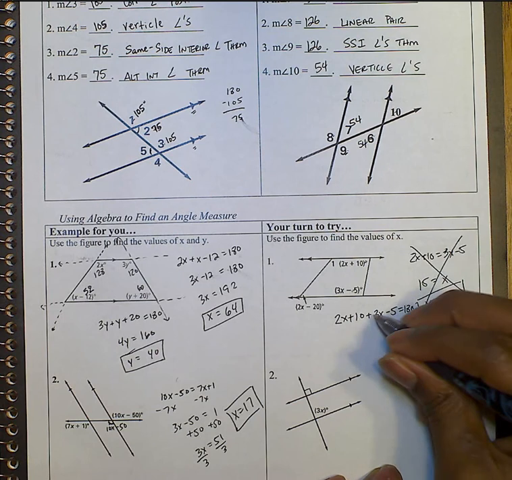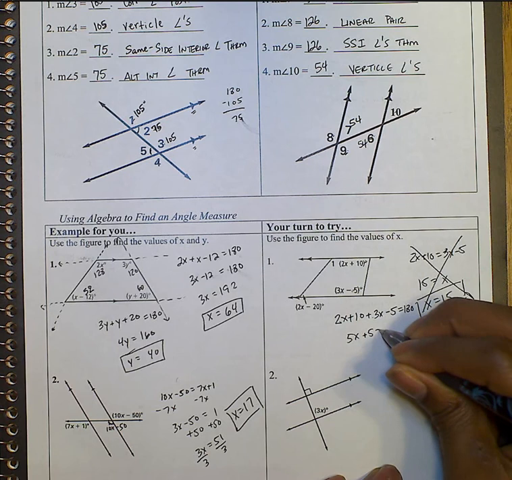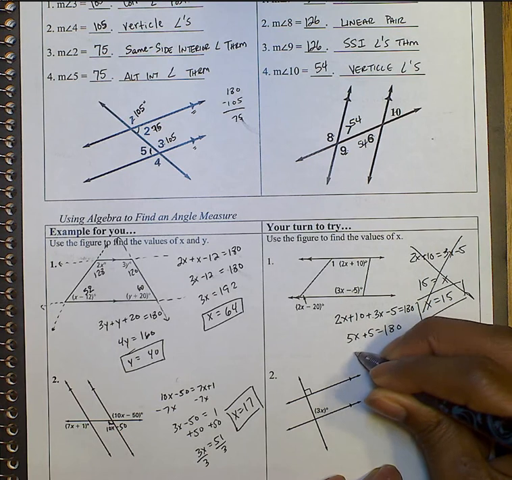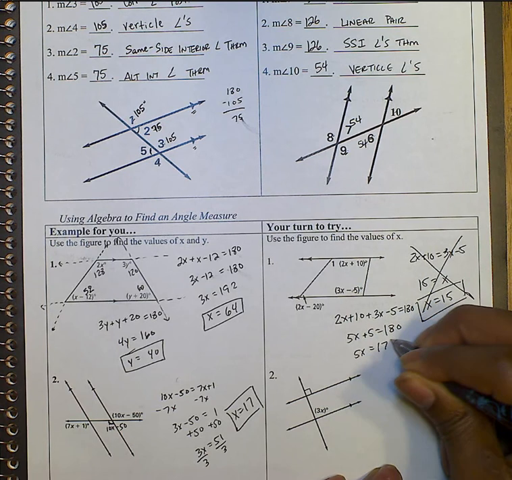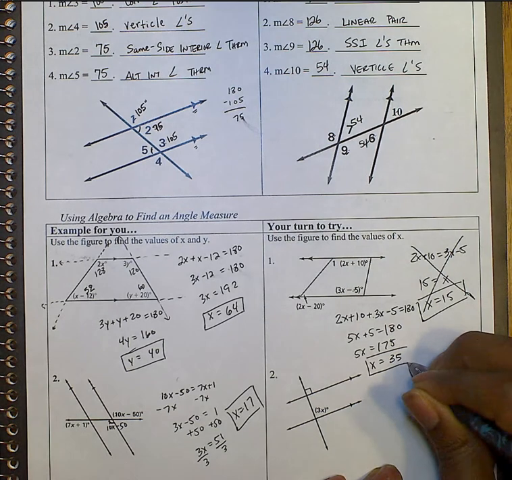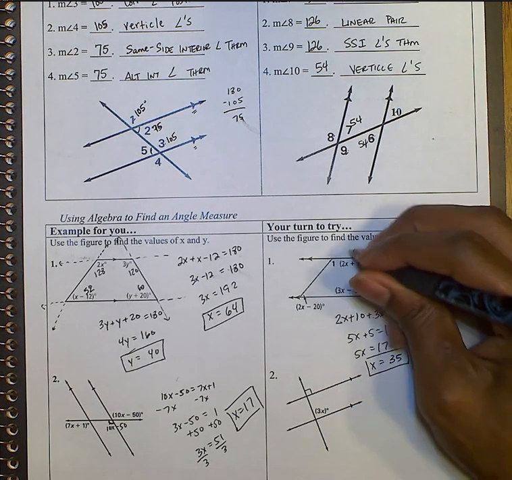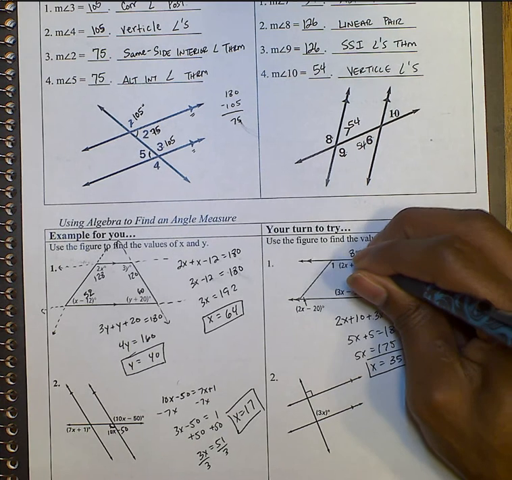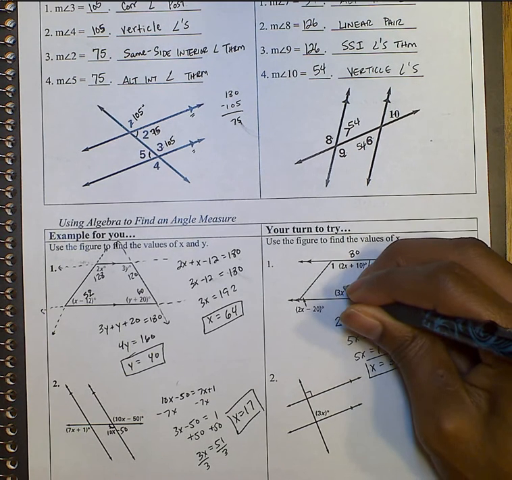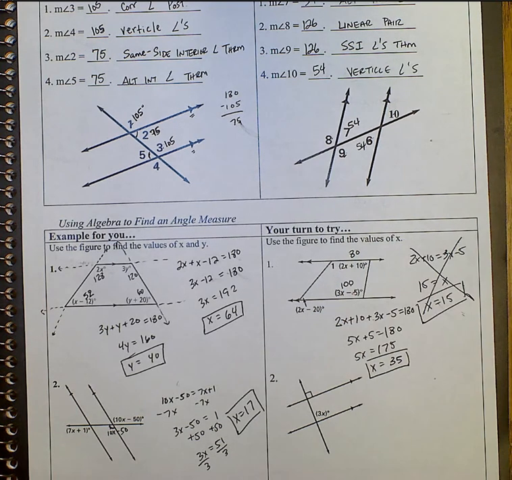So I have 5x plus 5 equals 180. 5x will equal 175. x is 35. And so when I add these together, it should add up to 180. 80 plus, that's 105 minus 5, 100. So 180. There we go.